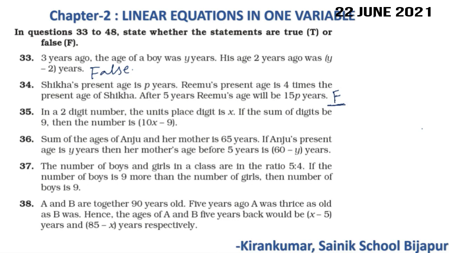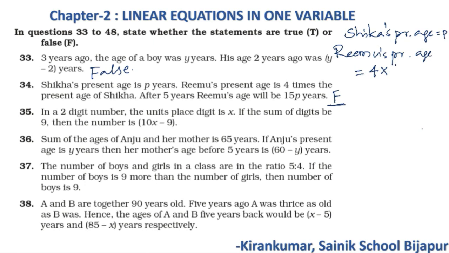Let me explain that. If I consider Shika's present age as p years, then Remove's present age will be 4 times Shika's present age, so 4 times p.